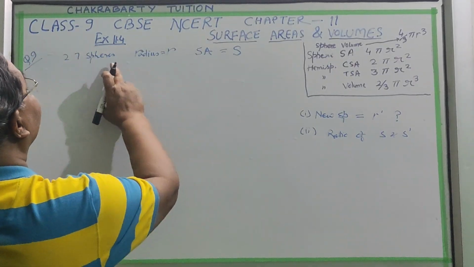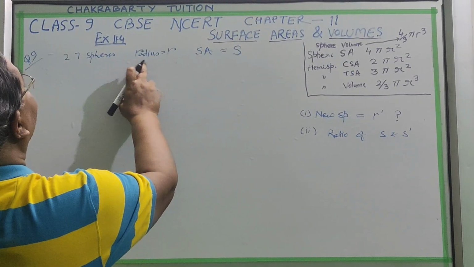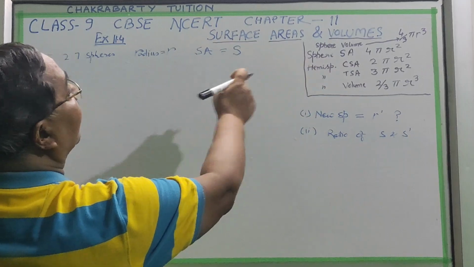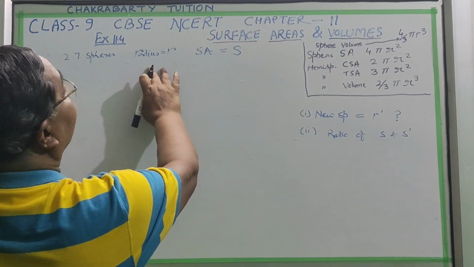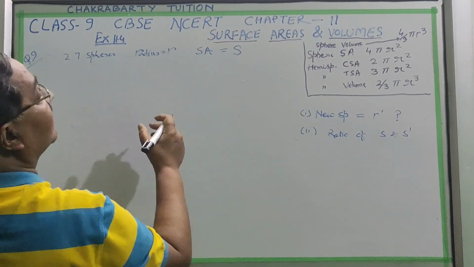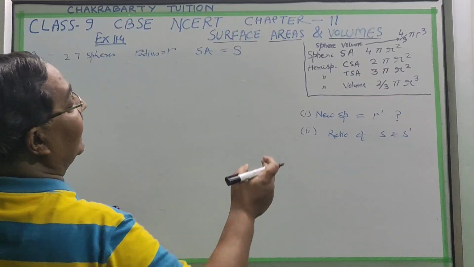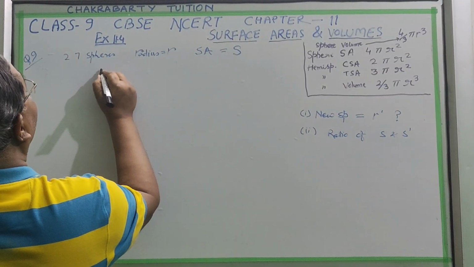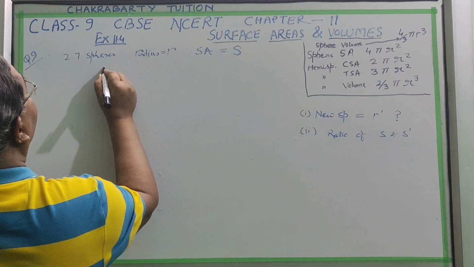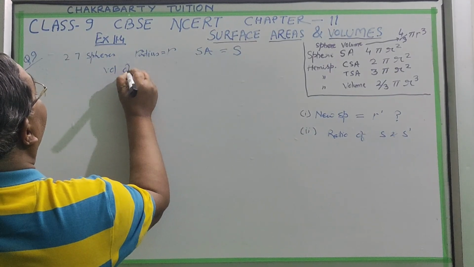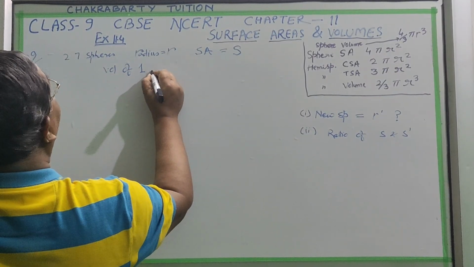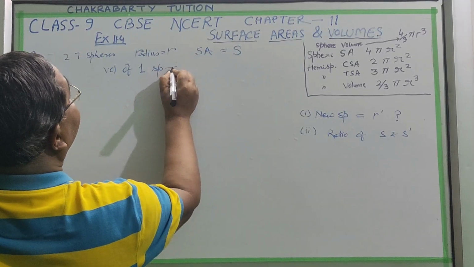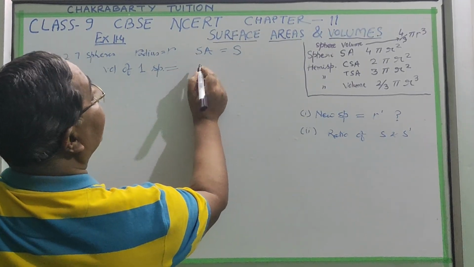So first we will write the volume of 27 spheres, because that will be melted and then only the new sphere can be built. So volume of one sphere is equal to what?